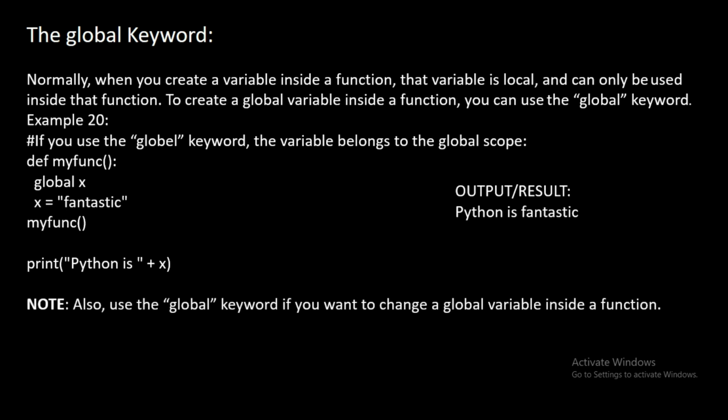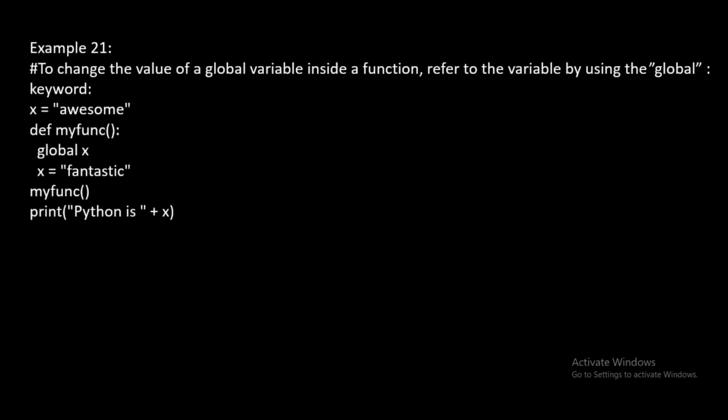Note that you also use the global keyword if you want to change a global variable inside a function. Like in this example, I can show you better. To change the value of a global variable inside a function, refer to the variable by using the global keyword.